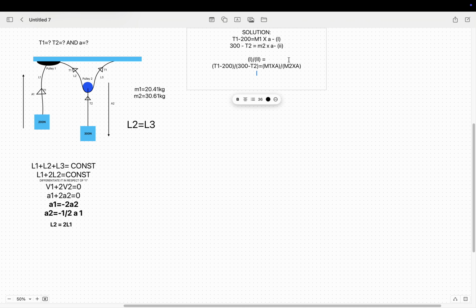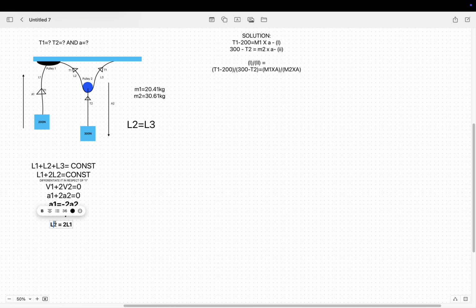Now if we replace this T2, sorry, it's not L1, it's T2 equals 2T1. So if we replace T2 with 2T1, and here these accelerations are not the same, so we have to replace them as well: M1 with A1, M2 with A2.